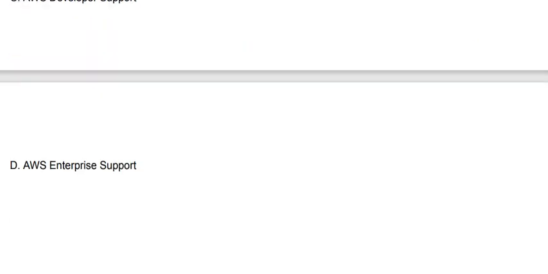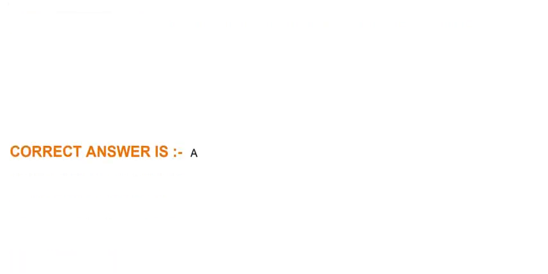And option D, AWS Enterprise Support. The correct answer is option A.